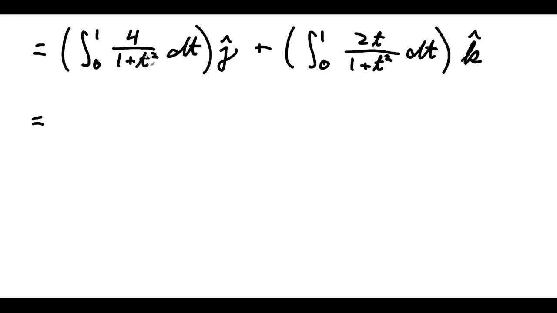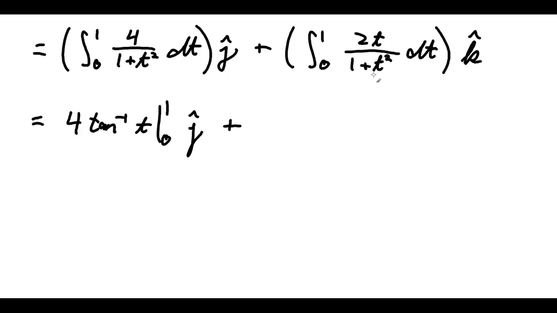So we have, hopefully you recognize these, 4 is a constant, 1 over 1 plus t squared integrates to an arctangent. So we have the inverse tangent, or the arctangent, of t, and we want to evaluate that from 0 to 1, j, plus, let's see here, if we do a u substitution of 1 plus t squared, the derivative is 2t, so the 2t dt would be du.